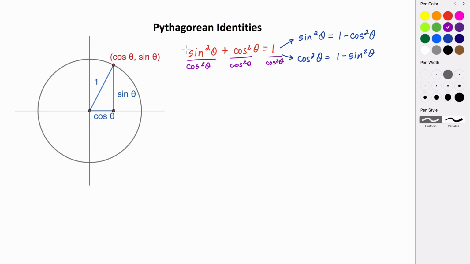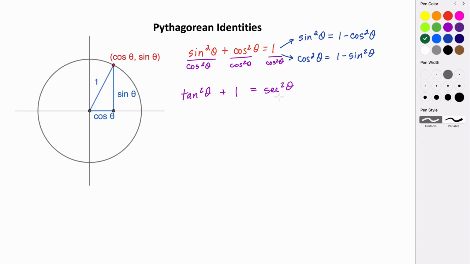As a result, now we have sine squared theta divided by cosine squared theta, that's just the tangent squared theta. Cosine squared divided by cosine squared is just 1, so plus 1. Equals, and then we know the reciprocal of the cosine is the secant, so that's going to be the secant squared theta. So now we have this identity, tangent squared theta plus 1 is equal to secant squared theta.